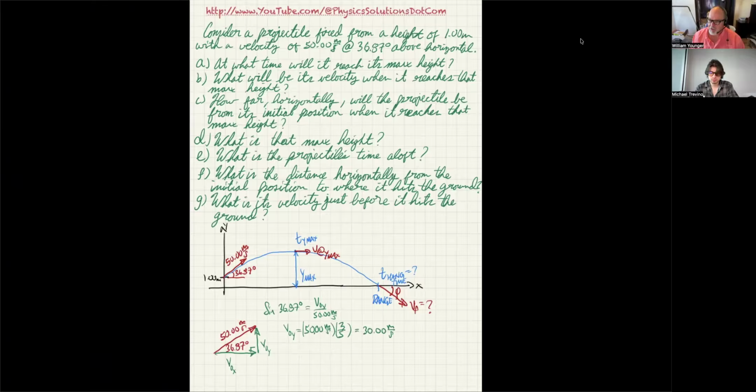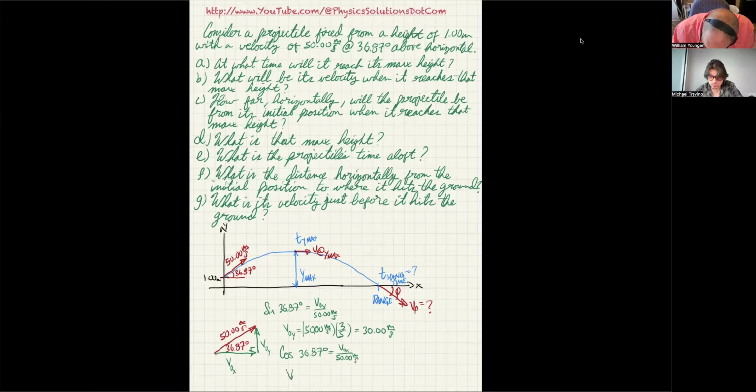Check it with your calculator just to see. It might be 29.999 or something, or it might be 30.001. But the main thing is you got that. Now I'm going to do the cosine of 36.87 degrees is equal to adjacent over hypotenuse. Remember, the adjacent side is touching the angle, and then the hypotenuse is pointed to by the right angle. So the adjacent side is V0x, and of course, the hypotenuse is 50.00 meters per second.